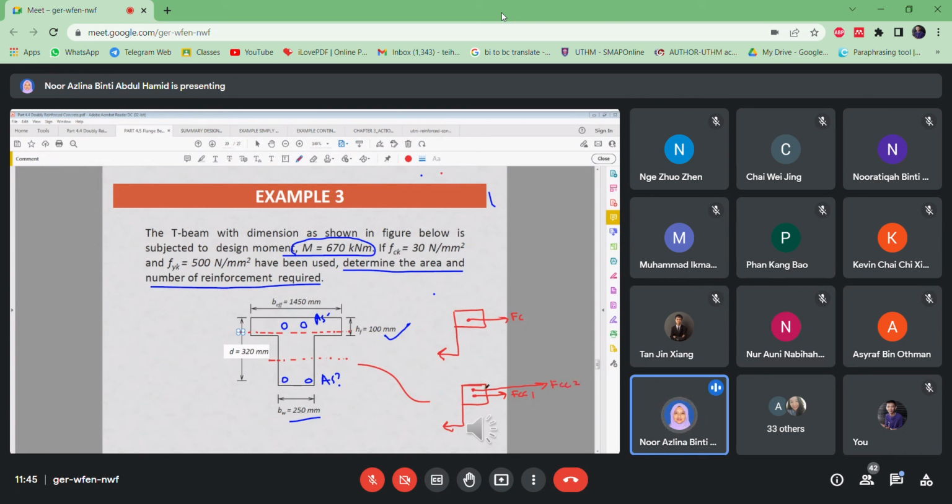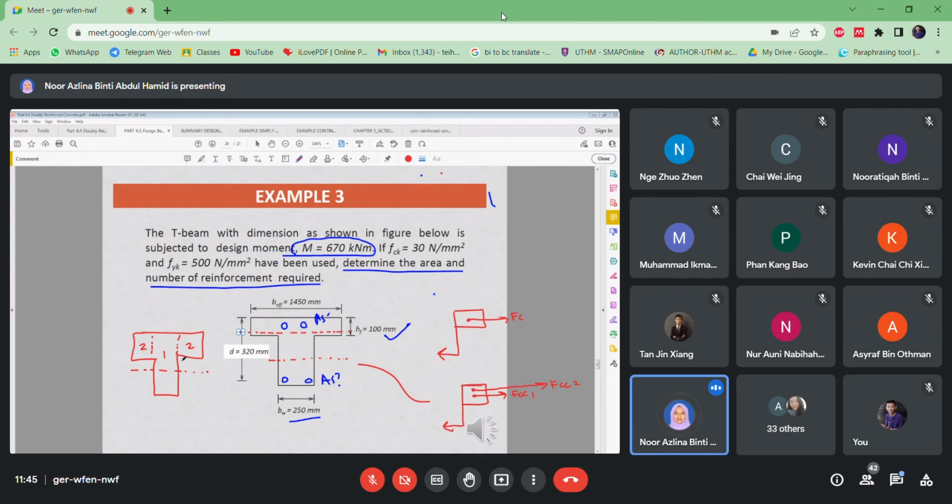Okay, because of the concrete, there will be two areas. If it lies in the web, there will be two areas. This is concrete for the flange, solid for the flange, while this one is a combination for the web here.